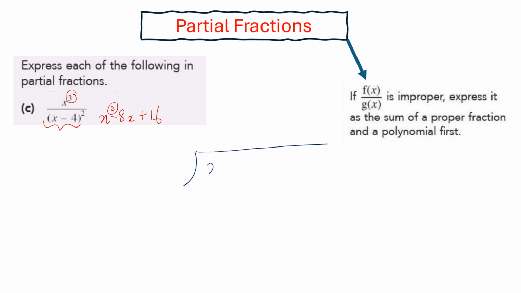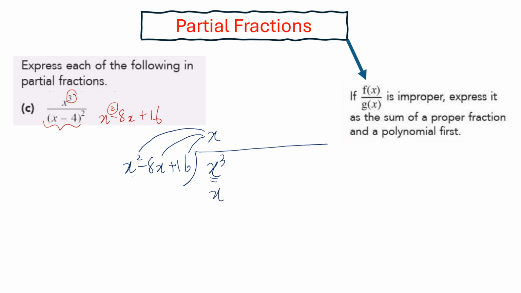So your dividend is your x cubed, your divisor is your x squared minus 8x plus 16. All right, so what do we do? We take x cubed divided by x squared. Take this term, divide by x squared, that gives you x, right? And then with the x found, you multiply with every single term of your divisor.